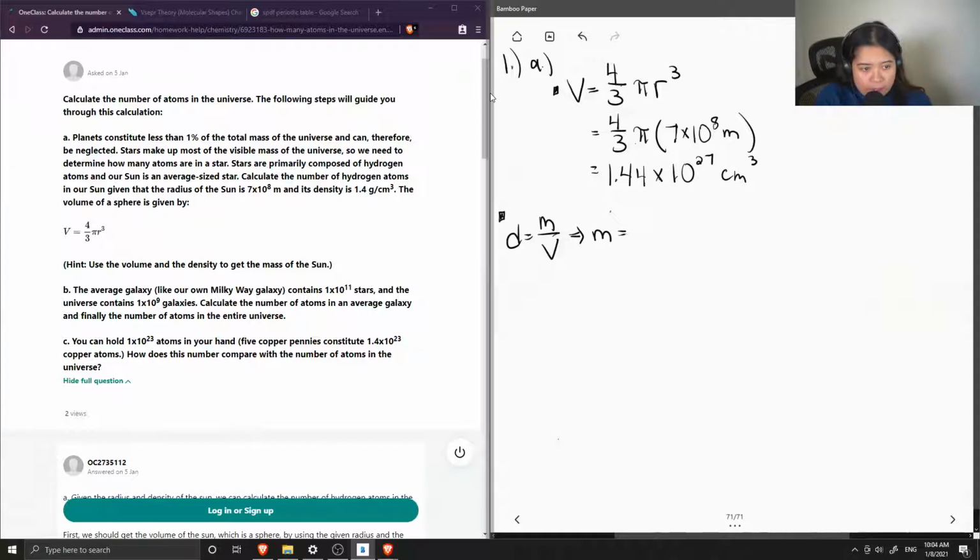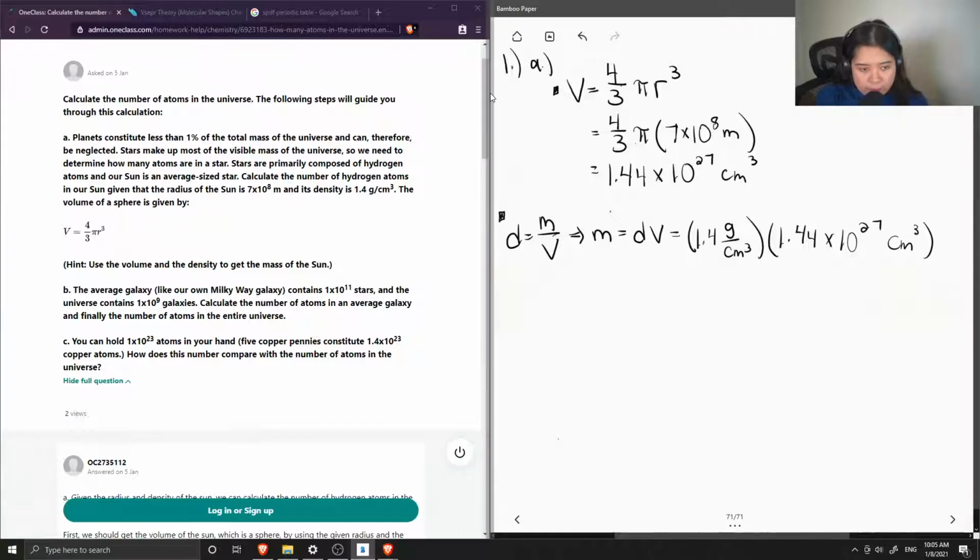So we do mass is equal to density times volume. And the density is 1.4 grams per centimeter cubed. And the volume is what we found in the previous step. So 1.44 times 10 to the 27 centimeter cubed.